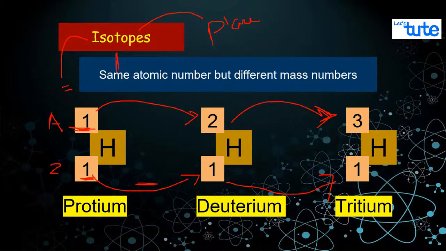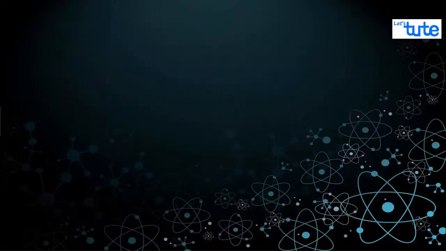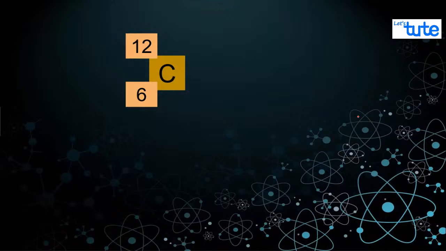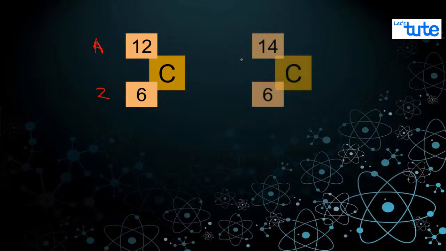Let's try to understand a few more examples of isotopes. We have, for example, carbon over here. Z represents the atomic number and A represents the atomic mass number. This is the atomic mass number of carbon, and this is the atomic number. One more isotope of carbon is 6 and 14.